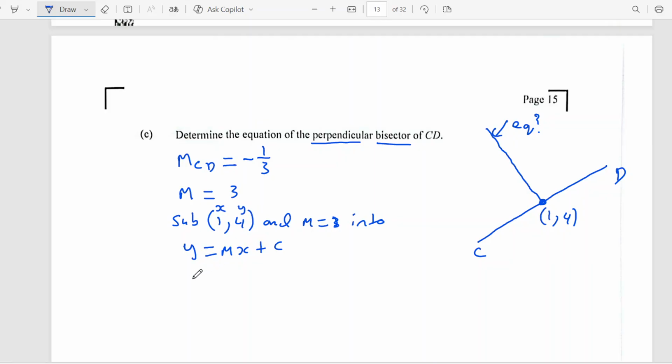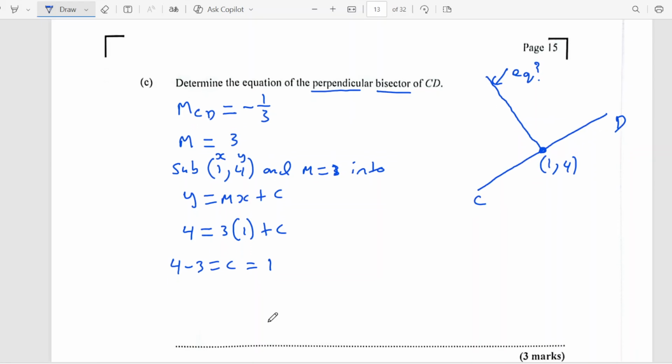So y will be 4. M is our gradient that we know. X is 1 plus c. So here we get 3 by 1 is 3. Carry the 3 across. 4 take away 3 will equal c. 4 take away 3 is 1. So the y-intercept is 1.